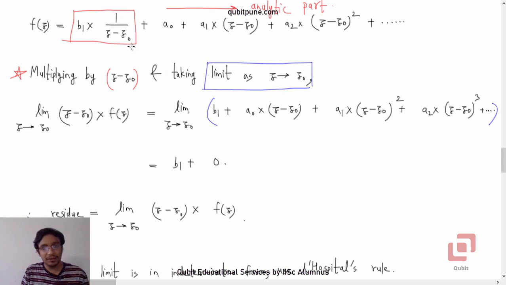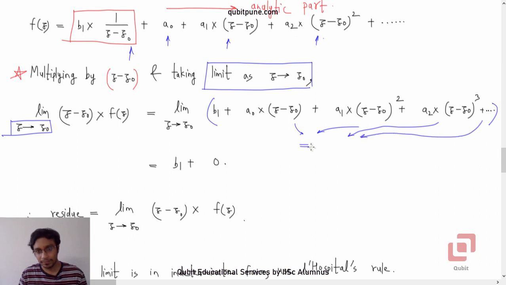Okay, so all these terms will have an additional power of (z minus z0). So b1 will no longer have (z minus z0) in its denominator. So this will actually give us just b1, and then a0 will have first power, a1 will have second, and so on. Okay, and the reason for taking the limit is that if we take the limit, then these terms will go to 0.